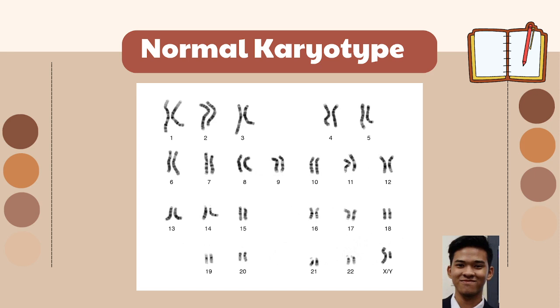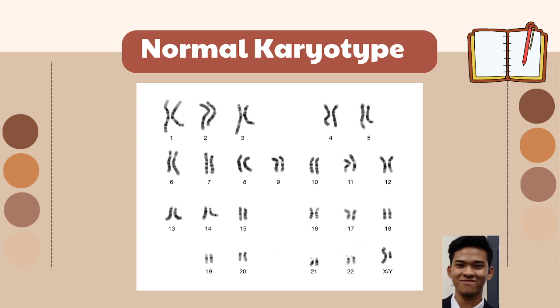Karyotyping is an important tool in diagnosing many genetic disorders, including Down syndrome, Turner syndrome, and Klinefelter syndrome, as mentioned earlier. By analyzing an individual's karyotype, doctors can determine whether the person has an abnormal number of chromosomes or any structural abnormalities in their chromosomes.